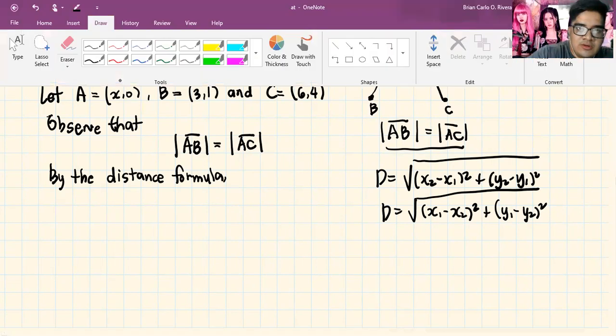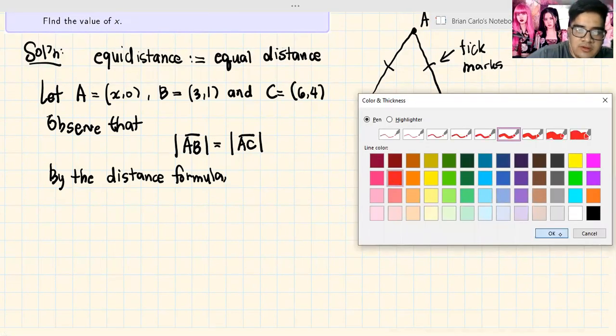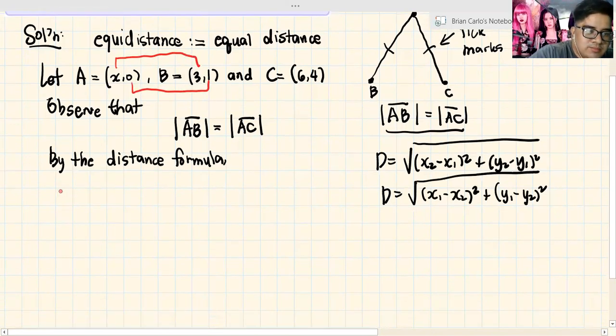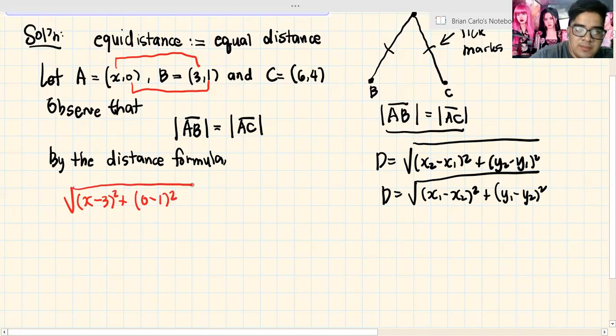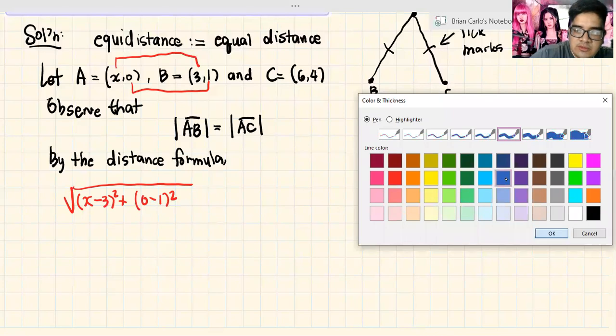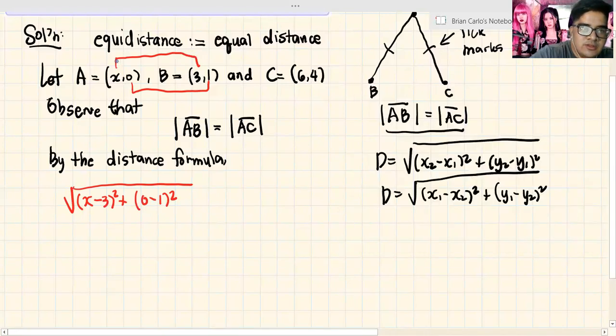Lagyan natin ng color. Ito, saka ito. So, yung AB ay square root ng x minus 3 squared plus 0 minus 1 squared. Hindi natin nakakalimutan yung squared kasi distance formula. Ngayon, AC naman, mag-iiba tayo ng kulay, color coding.